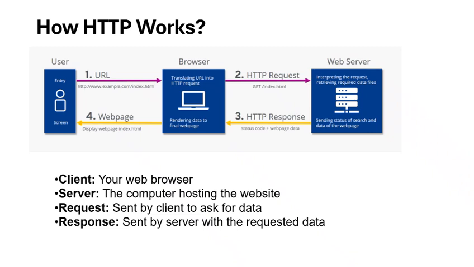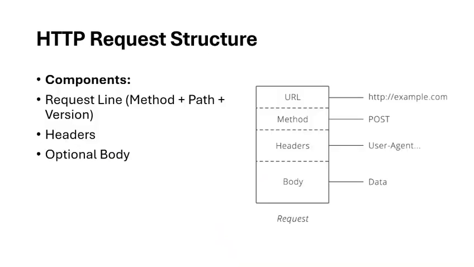Here the client is your web browser and the server is the computer hosting the website. The request is generated by the client to ask for data, and the response is sent by the server with the requested data. In the HTTP request structure, we have three components: request line, headers, and optional body. In the request line, we have the method, URL, and HTTP version. Headers provide extra information about the request.